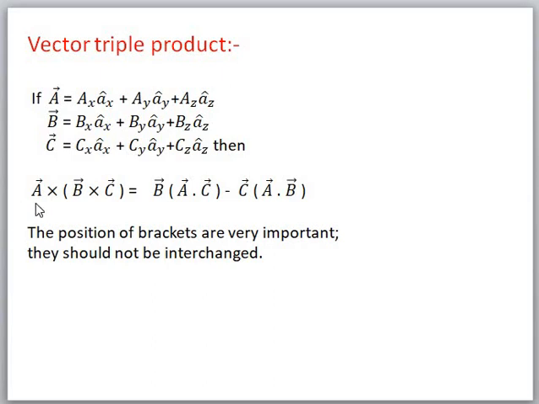Now let's see the formula. Vector A cross in bracket vector B cross vector C is equal to vector B in bracket vector A dot vector C minus vector C in bracket vector A dot vector B. The position of the brackets is very important.